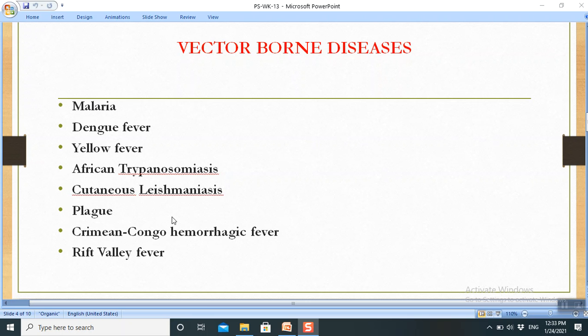When these affected mosquitoes and flies bite a human being, they inject that poison or virus into the human, and likewise the problems spread. The very common diseases you find are dengue, malaria, yellow fever, African trypanosomiasis, plague, Crimean Congo, and Rift Valley fever. These are the most common issues.